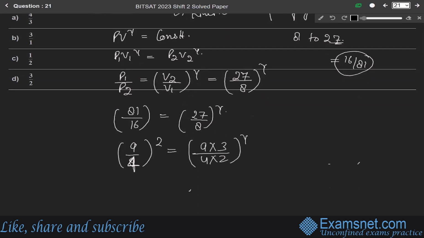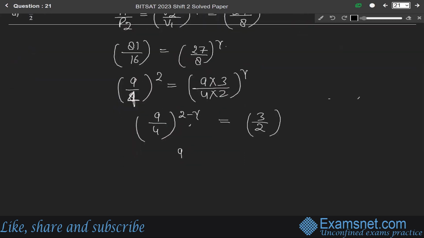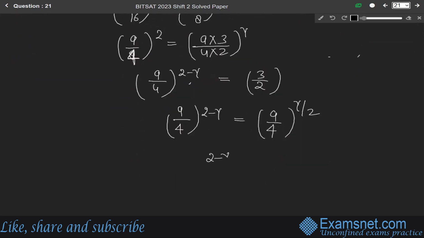Okay, so this can be simplified as (9 by 4) to the power 2 is equal to (9 by 4) to the power gamma by 2. So equating the powers, we get 2 is equal to gamma by 2.